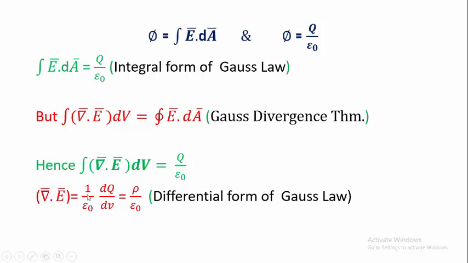So this becomes 1 upon epsilon 0 dQ by dV. But what is dQ by dV? It is charge per unit volume. It is called as volume charge density, rho. So this is volume charge density upon epsilon 0. So this del bar dot E bar is equal to rho upon epsilon 0 is called as differential form of Gauss law.